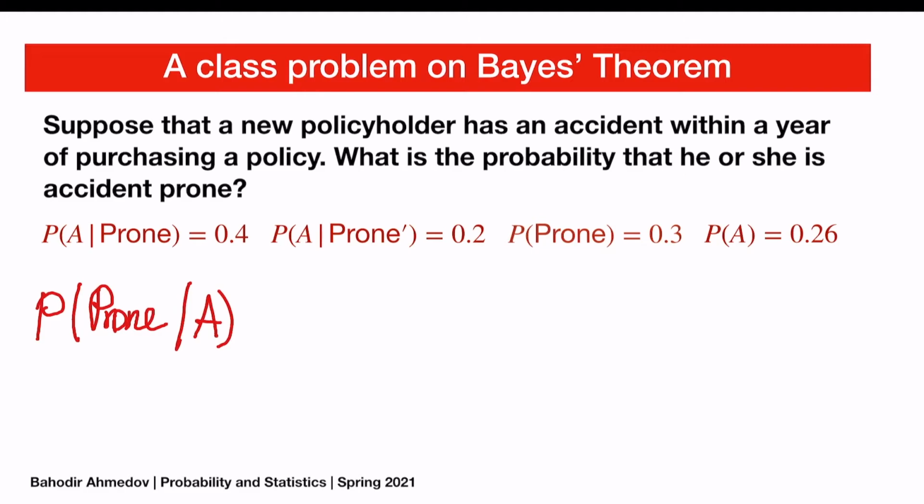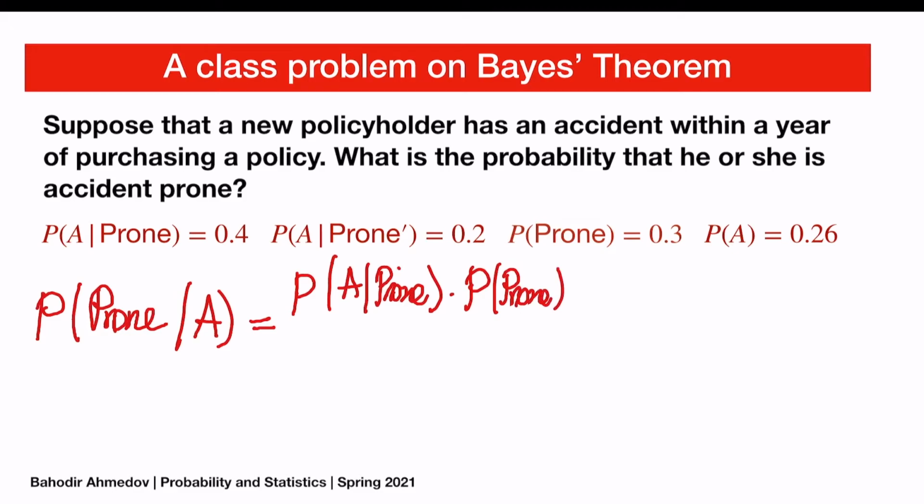Can you help me to construct the formula for the Bayes rule? I need to write this down as the ratio of two probabilities. What is going to be on the numerator? P of A given prone times P of prone, because the prime is going to go out, divided by P of A. This is how we memorize this formula.